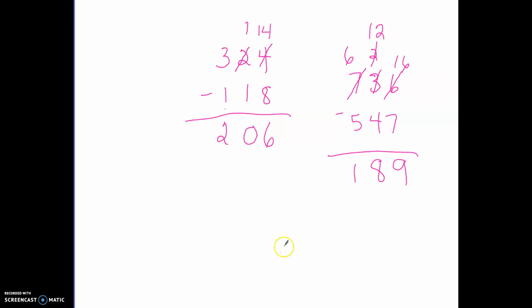I want to do one more. Hold on, let me get rid of this. There we go. So if we're stuck, let's say I have 241 minus 75.